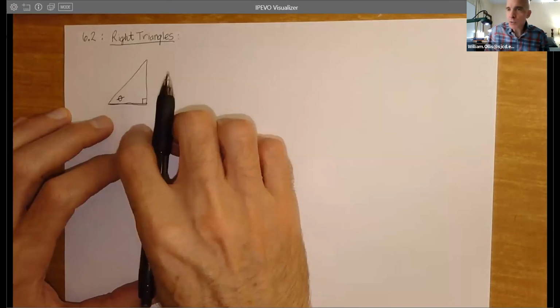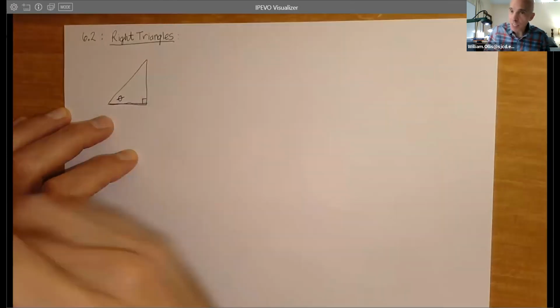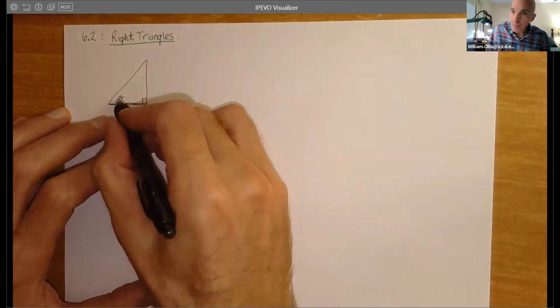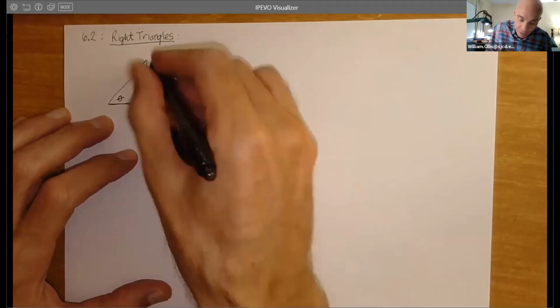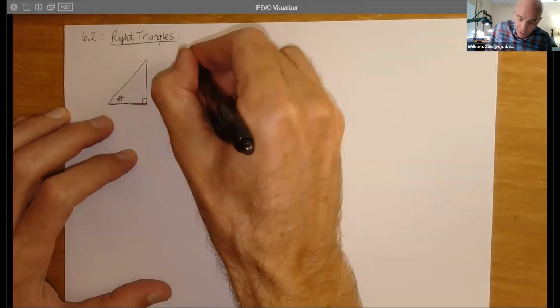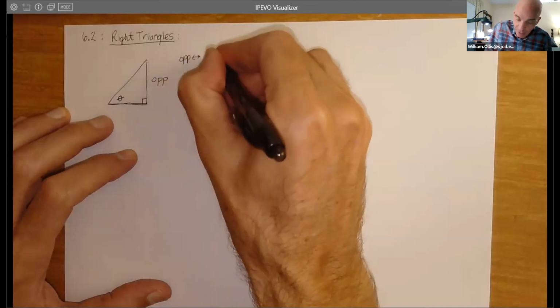Now, what we want to do is characterize the sides of the triangle relative to this angle theta. So I'm going to use some abbreviations, and then I'll tell you what they mean. The side opposite of theta, we're going to call OPP. OPP will just correspond to opposite, for opposite side.